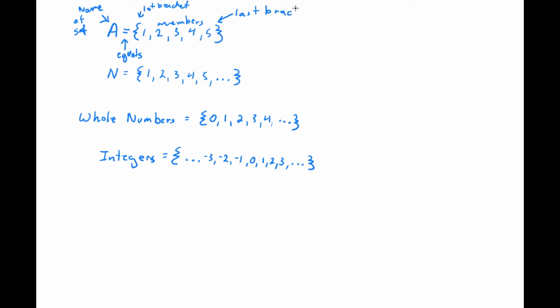So if you want to put that little illustration in your notes on how to write a set, there you go. So if you need to pause, take those notes.